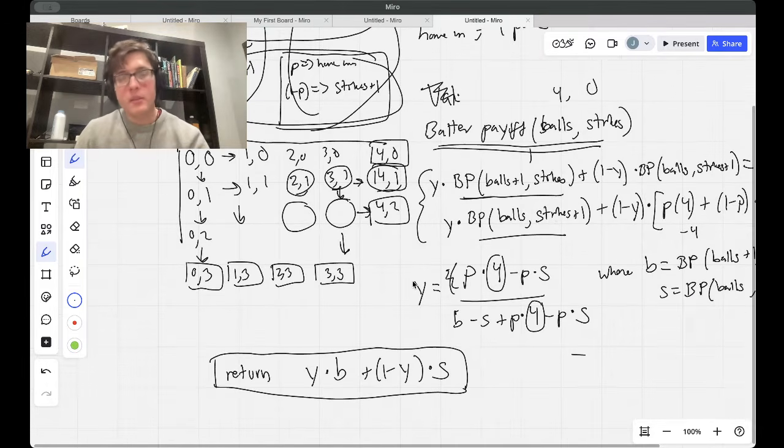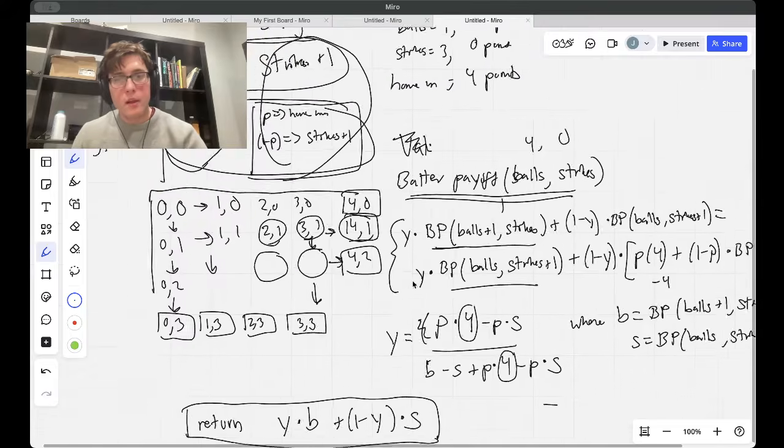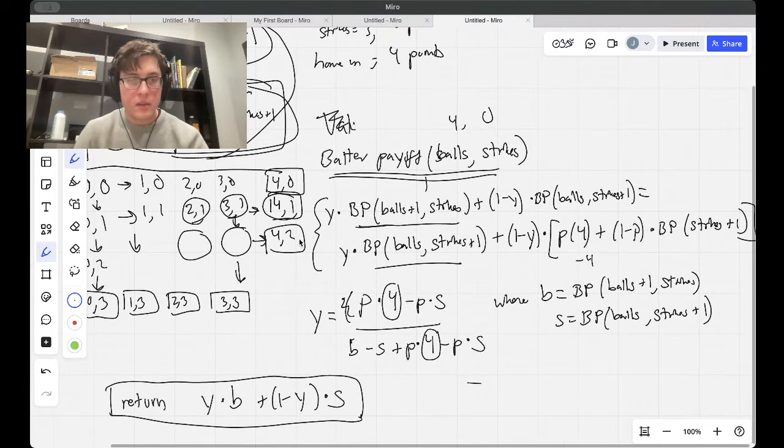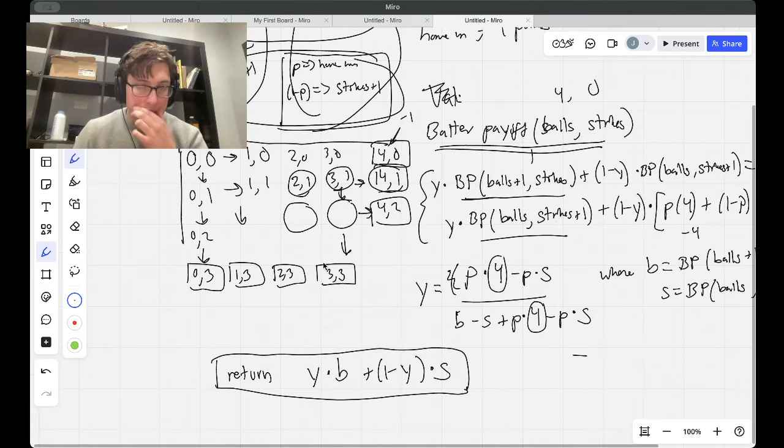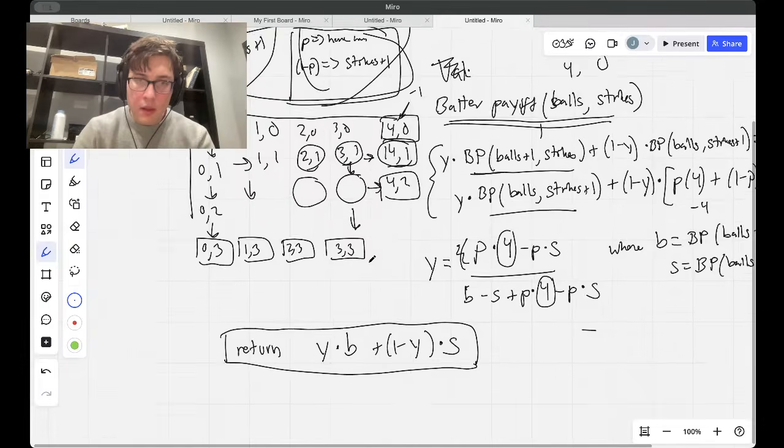It's easy to check. Instead of returning 1 in this case, you'll return -1. I wrote both just to check, but the pitcher payoff is, as expected, the exact negative of the batter payoff.